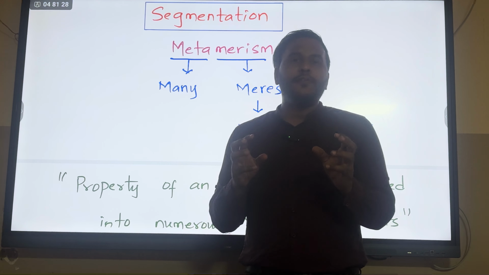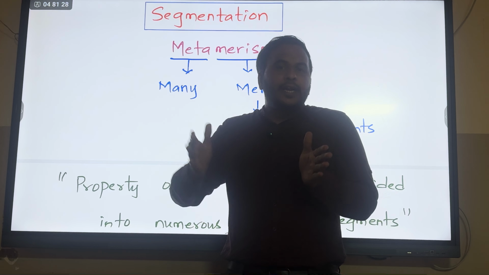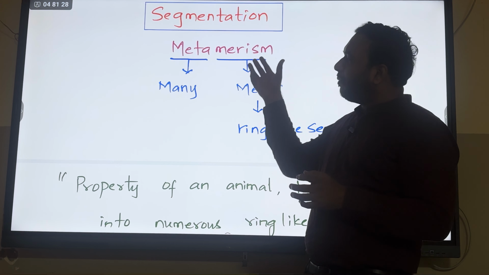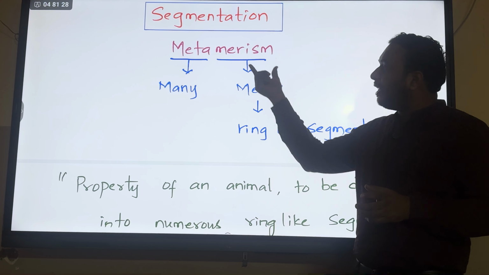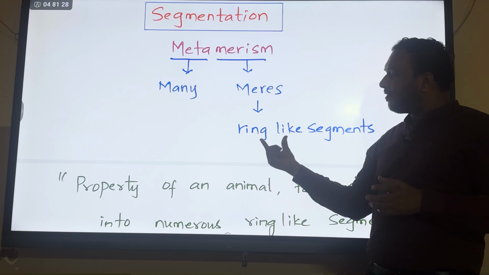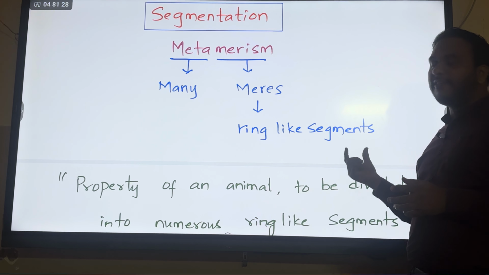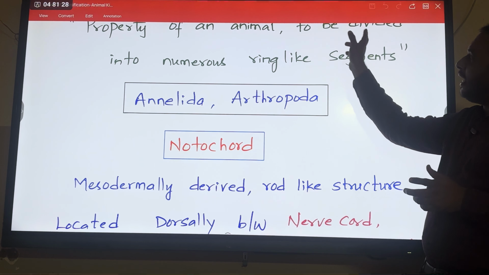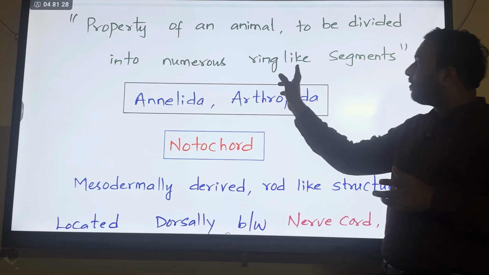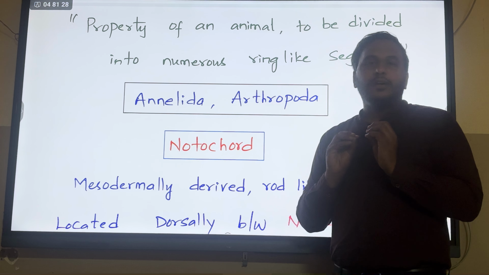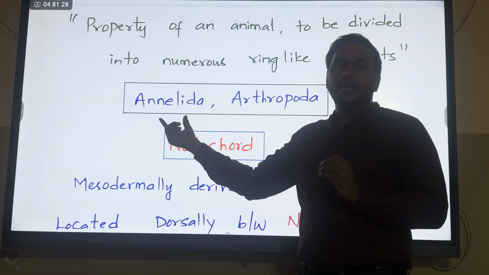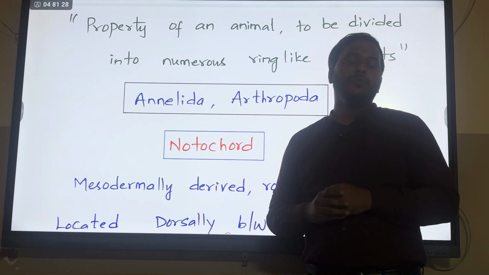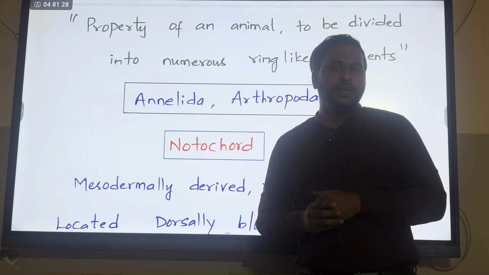It is the property of an animal to be divided into numerous ring-like segments. The majority of Annelida animals as well as Arthropoda animals, and some other animals, will show this segmentation property.